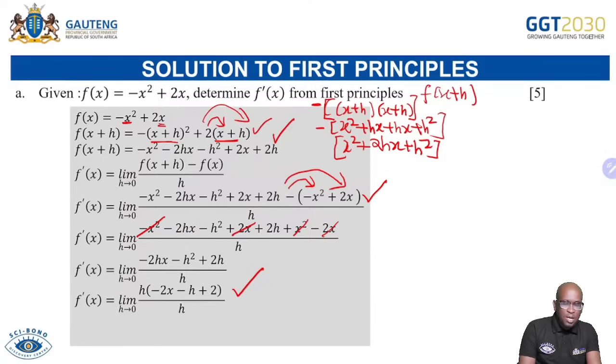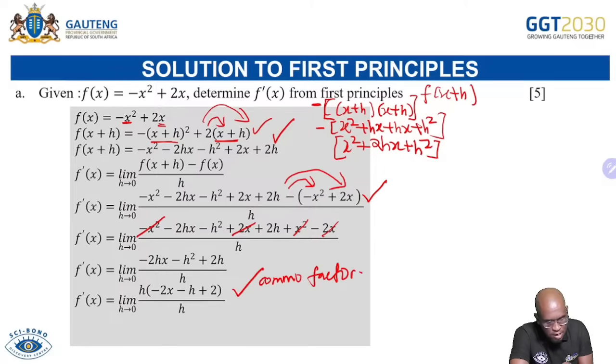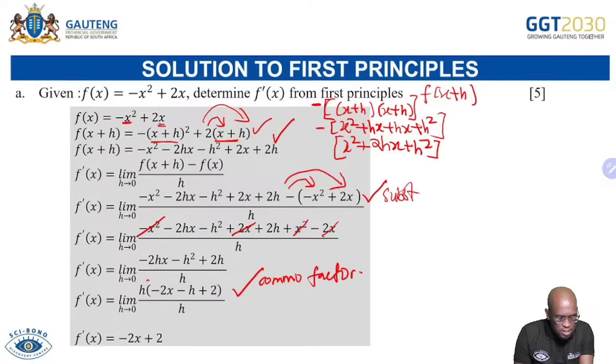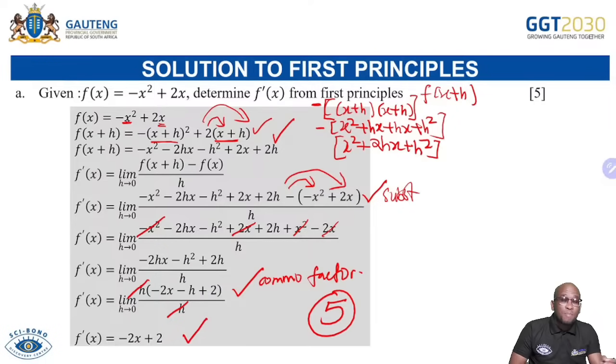So by factorizing here, taking out the common factor of h, okay, this is for the common factor, all right, and then this is for the substitution, all right, and then from there, once this and this divide out, and then we approximate h to 0, we get negative 2x plus 2. So this gives us a total of 5 marks, all right? So that is how you are supposed to go through this one.